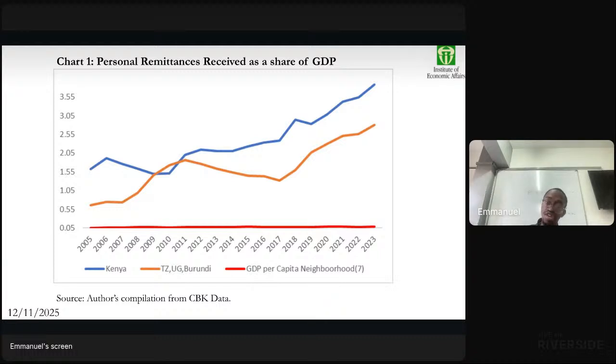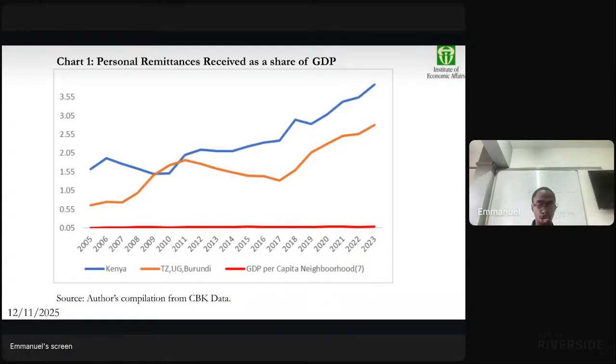How did our GDP per capita neighborhood perform? That is, how did Vietnam, Cambodia, Thailand, what was their experience in that period? In these countries, the average person got 4 times wealthier than they were in the early 90s. So golly, there is something that they did that Kenya did not do, because they got 4 times wealthier, while Kenya only got 25%.